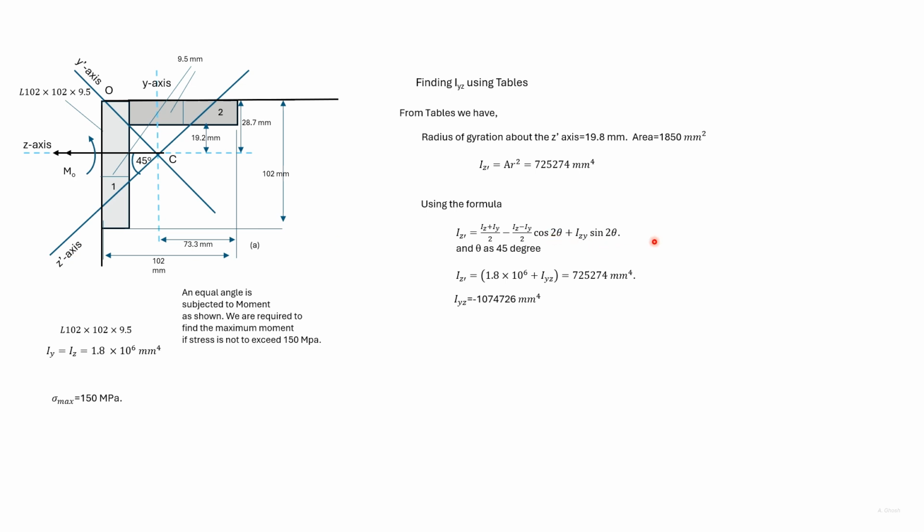Since we are given the area, we can find out Iz dash. We then use the transformation formula of Iz dash with theta as 45 degrees. Substituting appropriate values, we get Iyz. We'll use this value of Iyz to find Iy dash in the next slide.